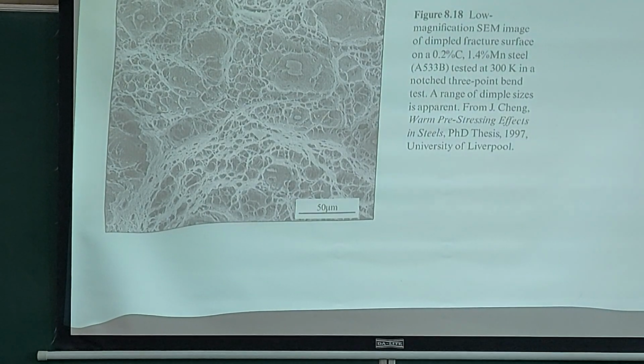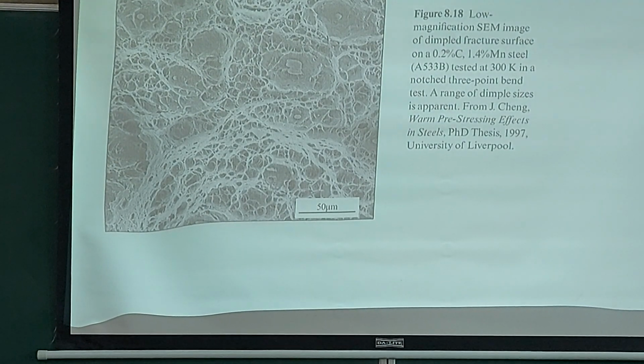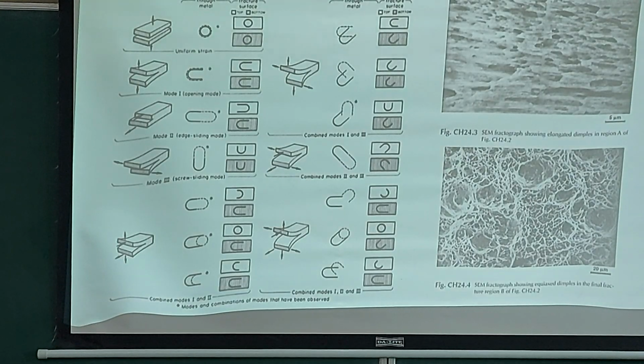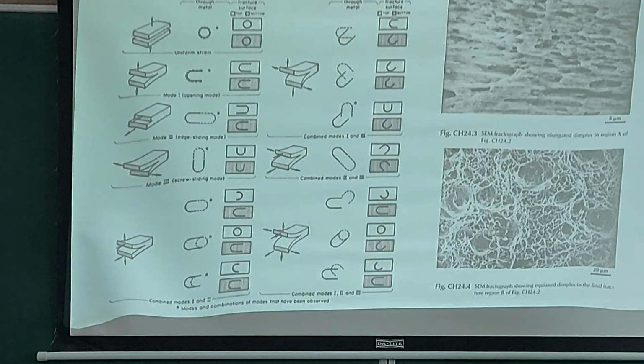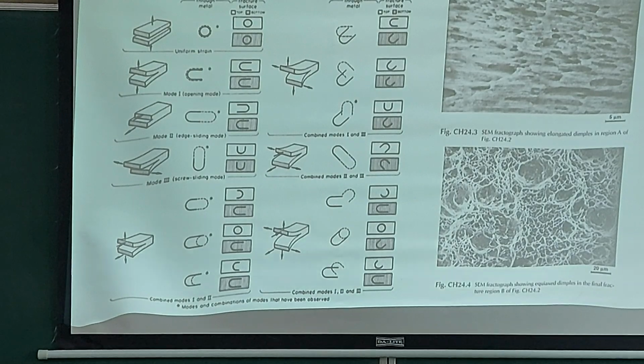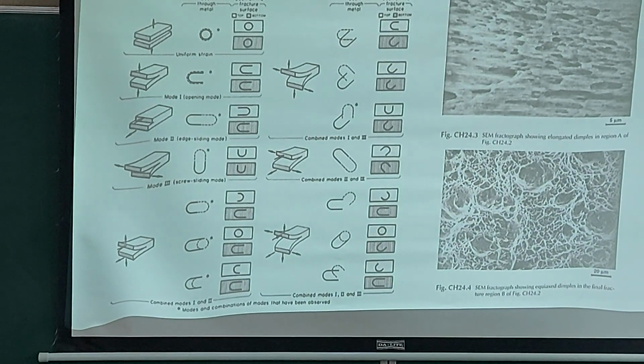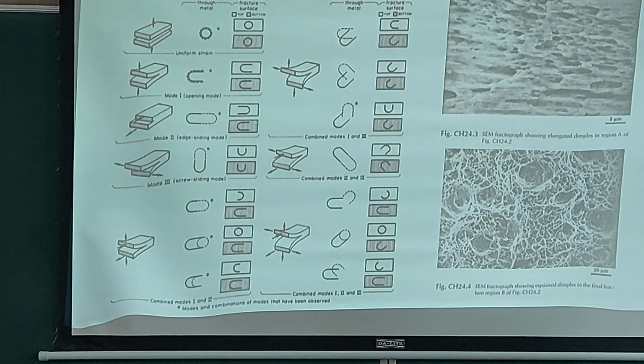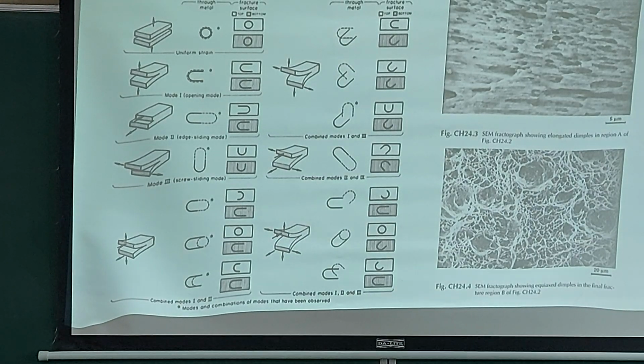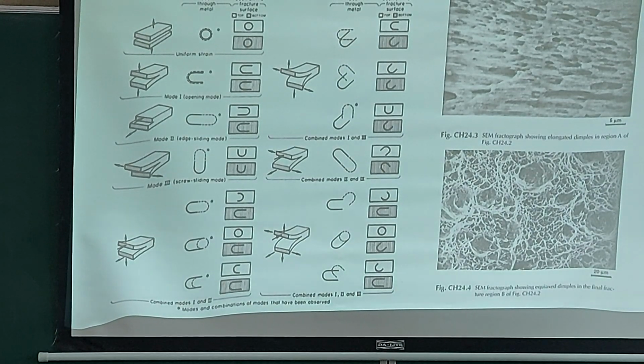So dimple size has been related to the fracture toughness value, for instance, or yield strength value, or various other mechanical material properties. So dimple size is also used for quantitative fractography. Average dimple size has a correlation, although it is empirical.